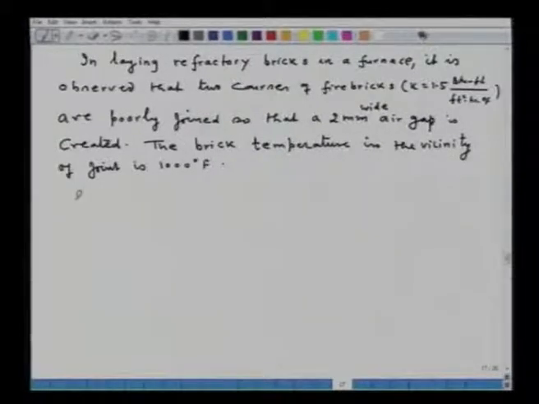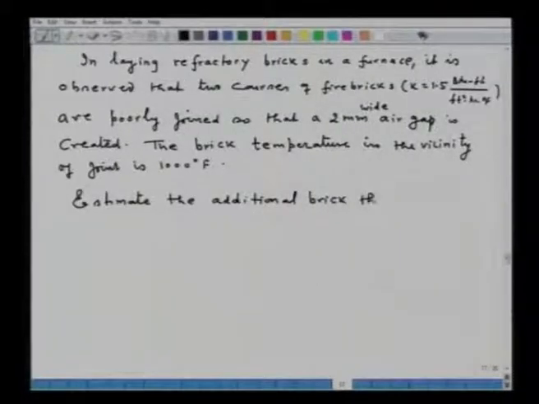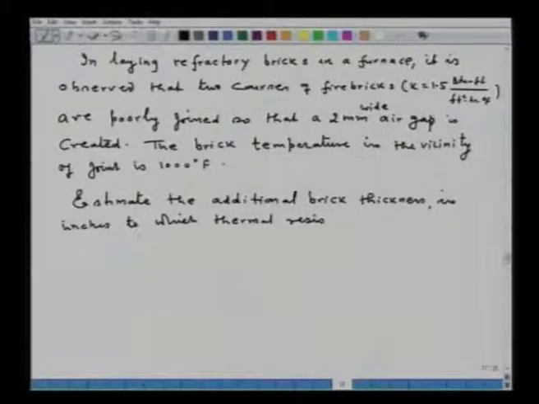Now, estimate the additional brick thickness, in inches, to which the thermal resistance of the joint is equivalent.